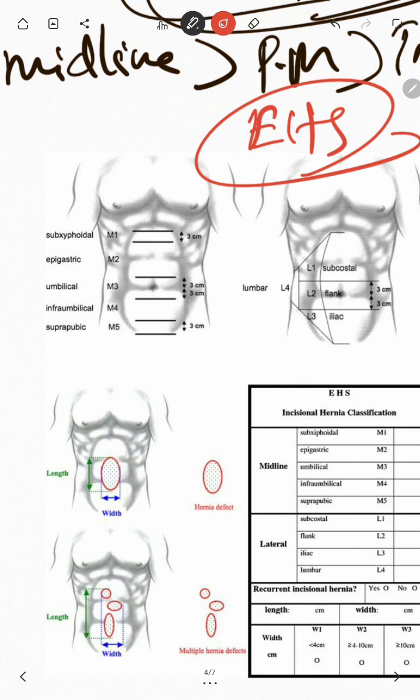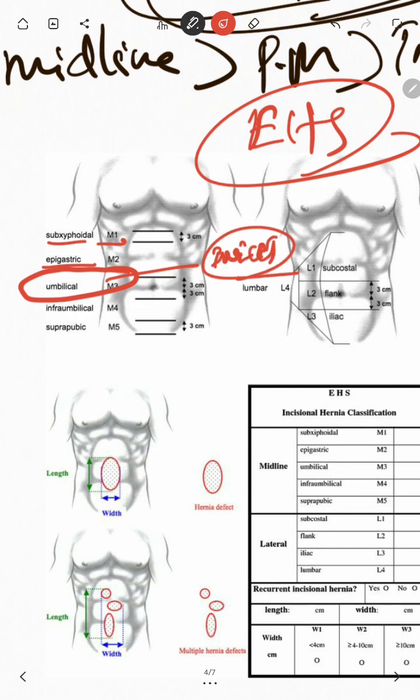there is M1 for xiphoid, that is subxiphoid or xiphoid, and M2 for supraumbilical or epigastric, and this M3 has been asked in your INICET exam recently and in NEET PG also. M3 corresponds to your umbilicus. So remember, M3 is umbilical, M2 is supraumbilical, M1 is xiphoid or subxiphoid, M4 is infraumbilical, M5 is suprapubic.